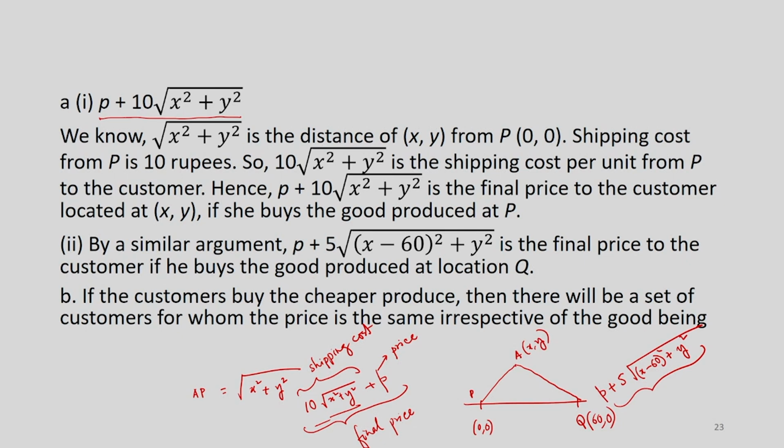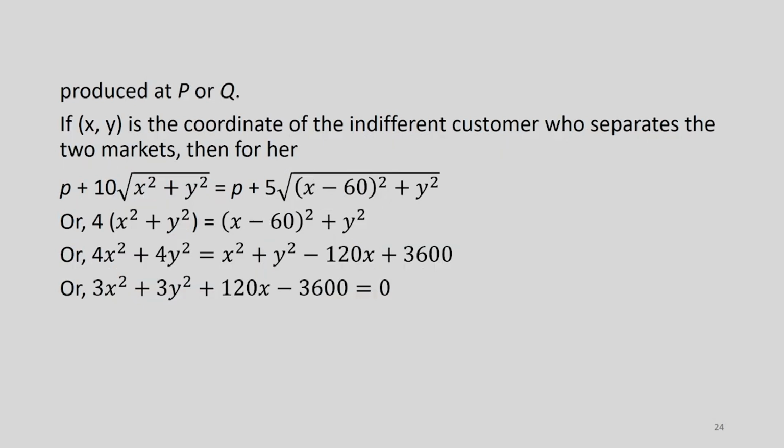Now, there will be a set of customers for whom the price is the same irrespective of the good being produced at P or at Q. So, there will be some customers for whom the price will be the same, they will be indifferent whether the good is produced at P or at Q. Let (x, y) be the coordinate of the indifferent customer who separates the two markets.